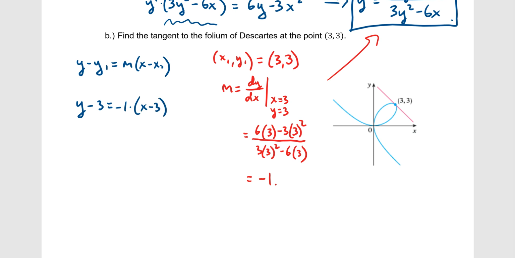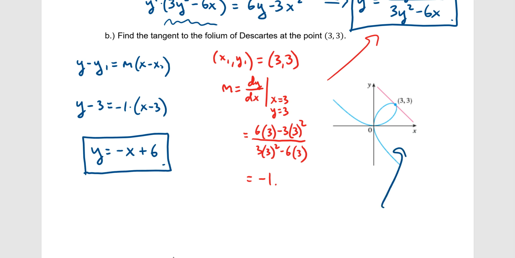And let's solve this for y. We get y equals -x plus 6. So we have the graph right over here. We should say to ourselves, does that make sense? And yes, it does look like it makes sense because clearly this has a negative slope and a positive y-intercept. So -x plus 6 seems reasonable.